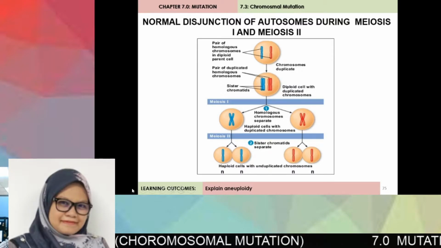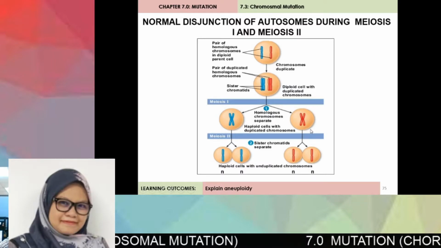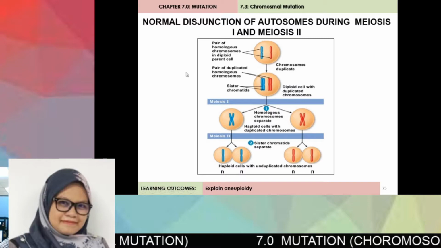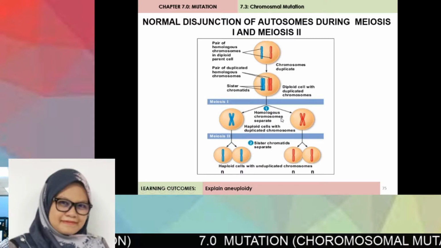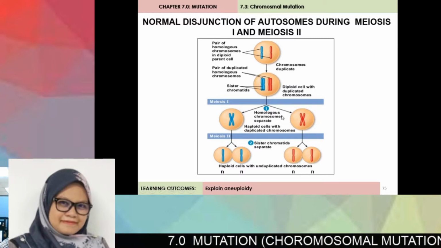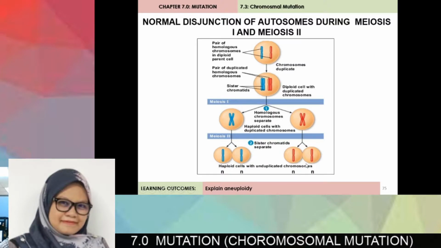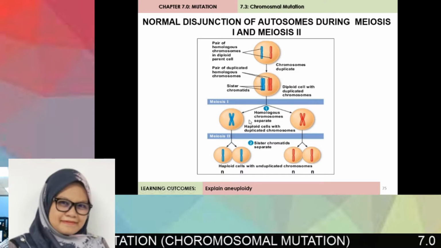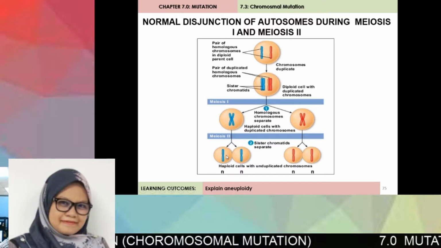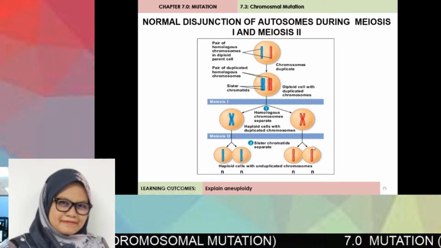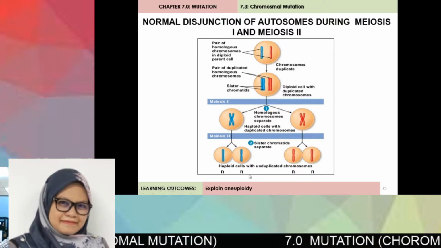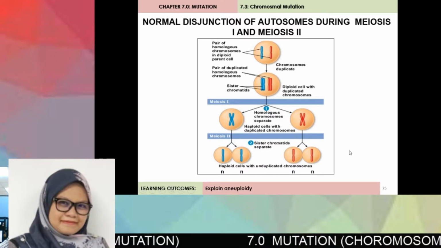So in this diagram, it shows that in the normal case, in meiosis 1 and also meiosis 2, because in meiosis 1 the homologous chromosomes separate, and then at meiosis 2 the sister chromatids separate. So the gametes are haploid.